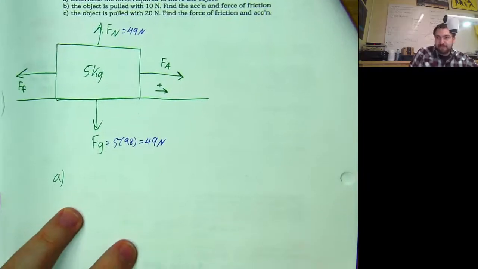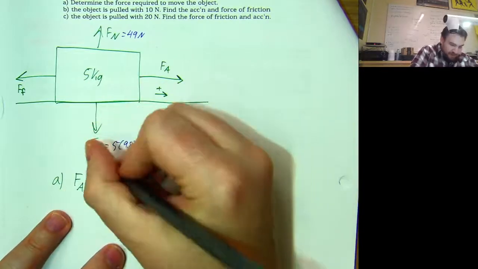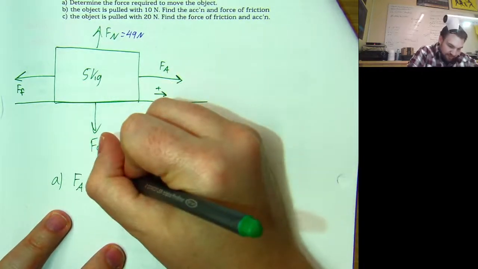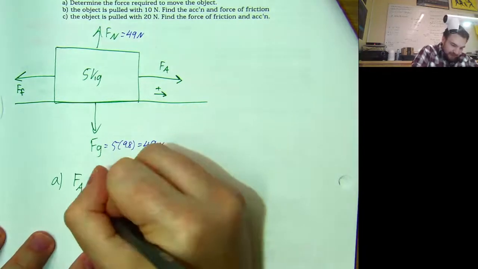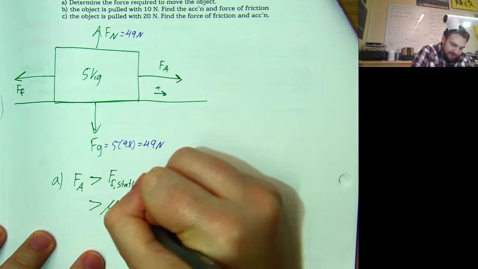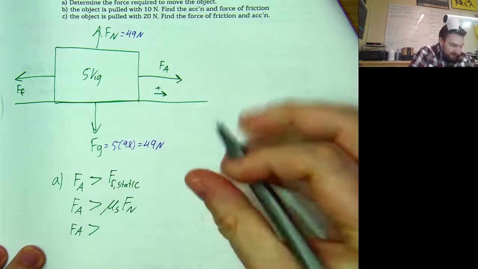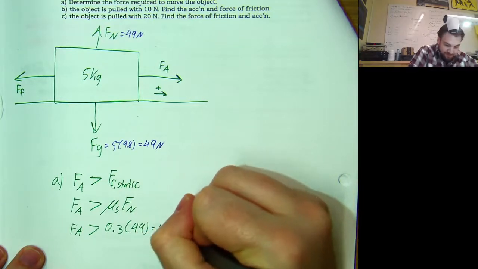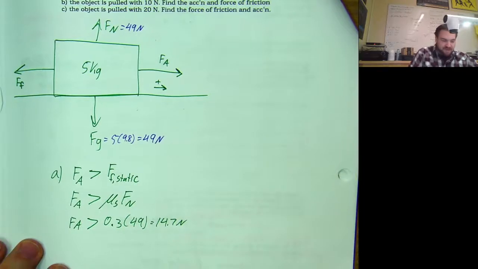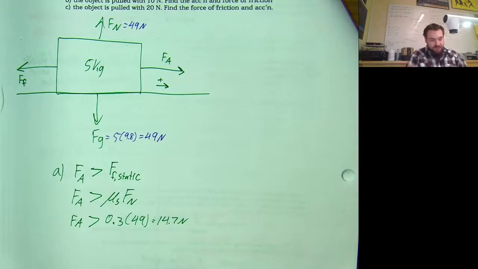A. To move my object, my applied force must be greater than force of friction static, which means it must be greater than mu s Fn, which means Fa must be greater than 0.3 times 49, which is 14.7 newtons. Okay? As soon as my applied force is greater than 14.7, we're going to break friction, break static friction, and this object's going to start to slide.